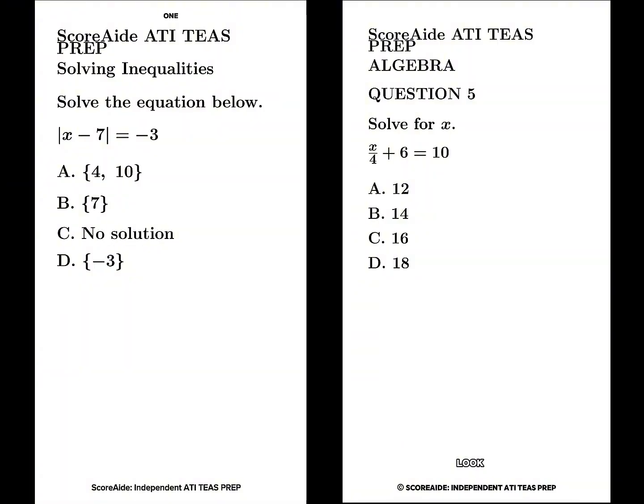Let's look at this one. Now, they said the absolute value of x can never be negative. The absolute value of x can never be negative. Even if you have the absolute value of -4, it is equal to 4.